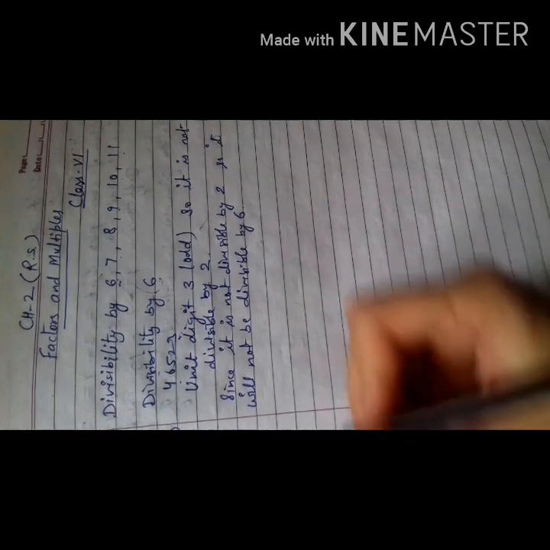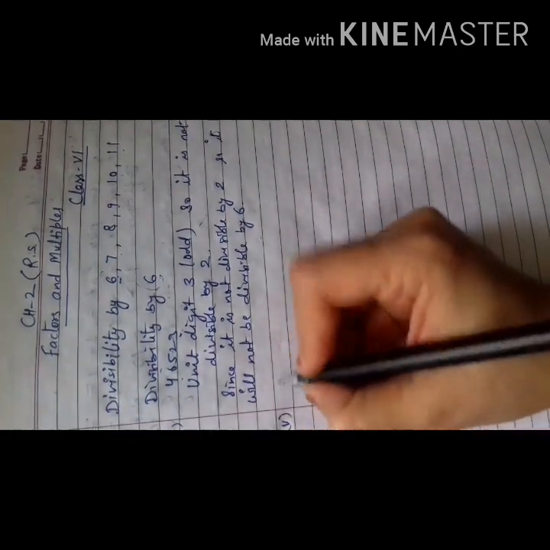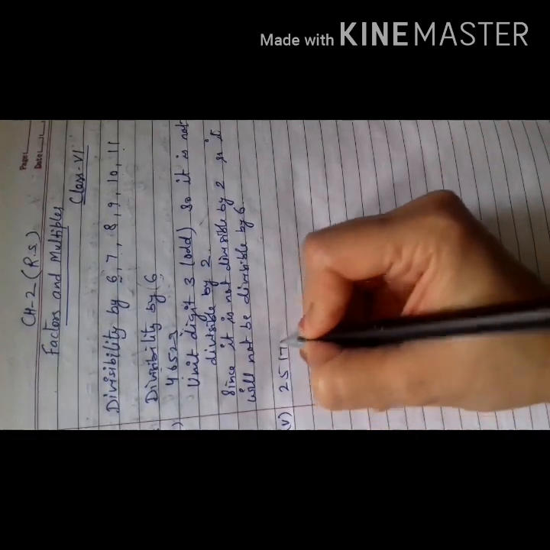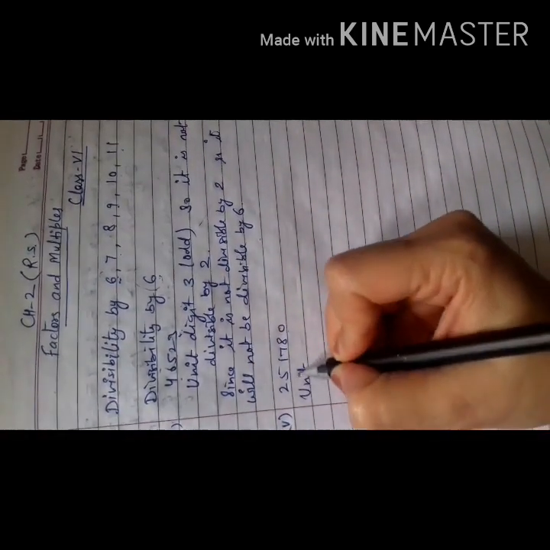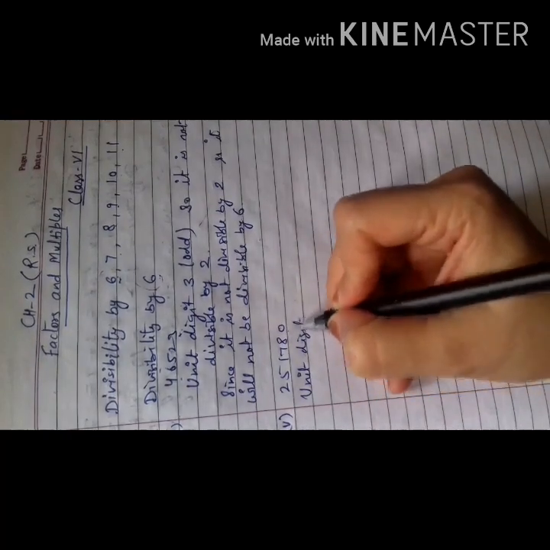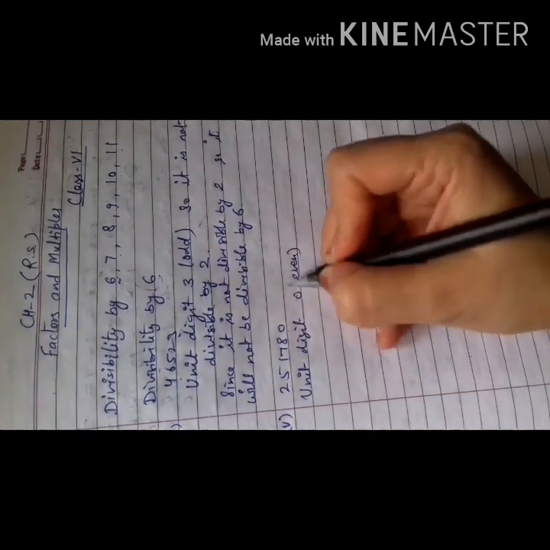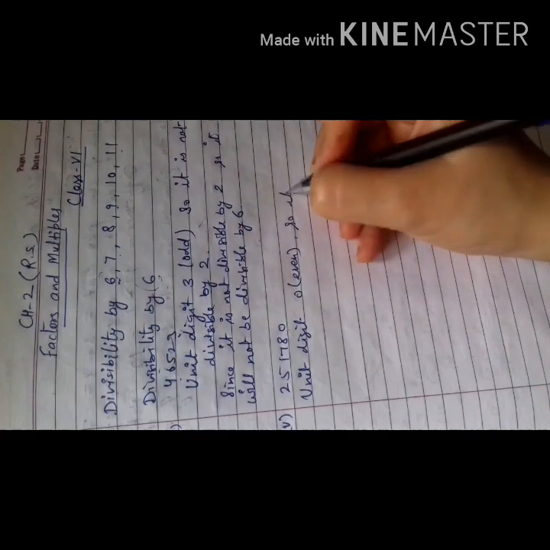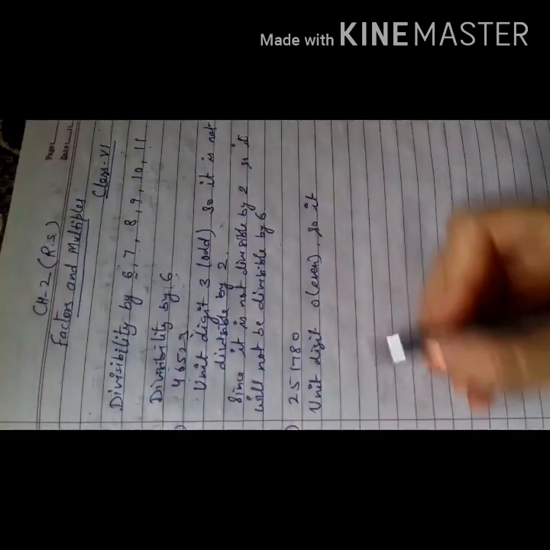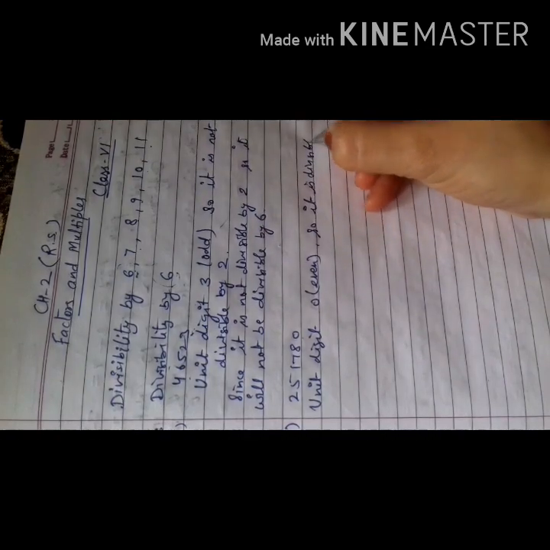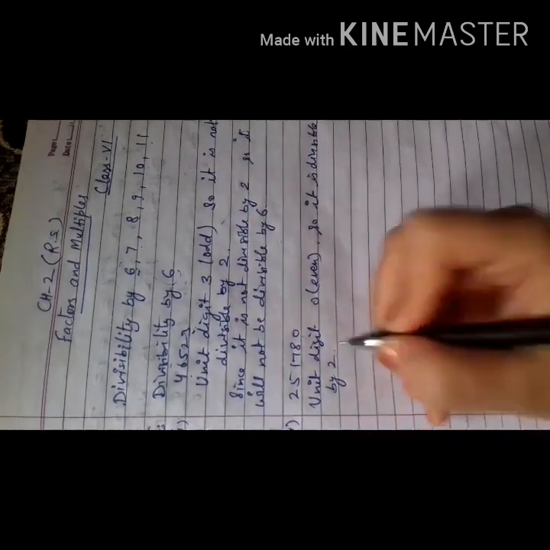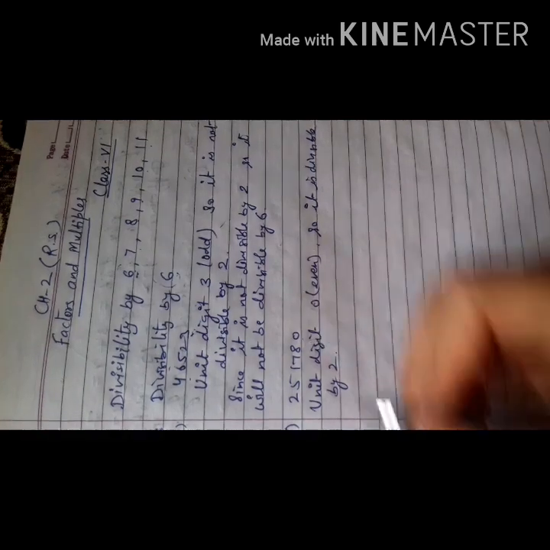I am doing one part more, the fifth part. Check the unit digit. The unit digit is 0, even, so it is divisible by 2. Now we have to check whether it is divisible by 3.